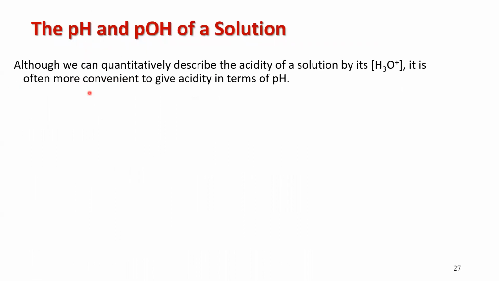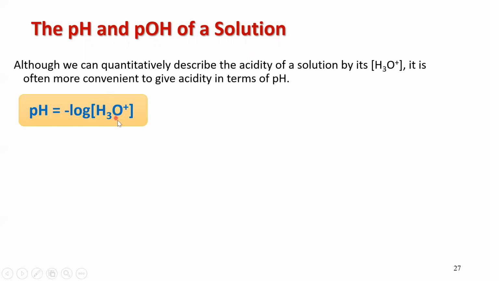Let's talk about how that's related to pH, which is probably familiar, and pOH, which is not as familiar. So we can talk about the acidity of a solution by talking about the concentration of the hydronium ion. But those are kind of awkward numbers to look at. It's more convenient, it's easier if you talk about it in terms of pH.